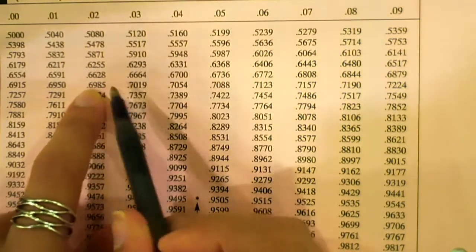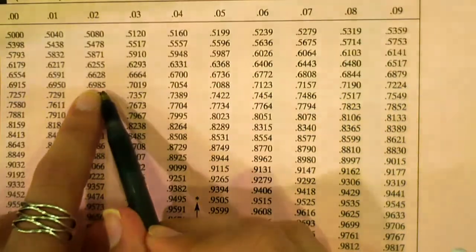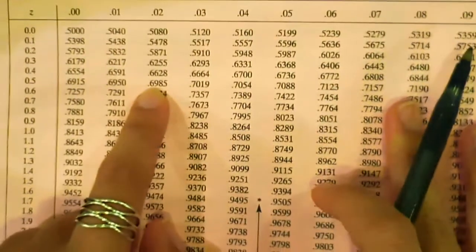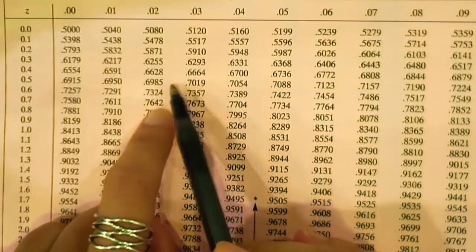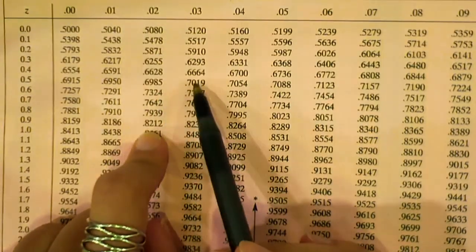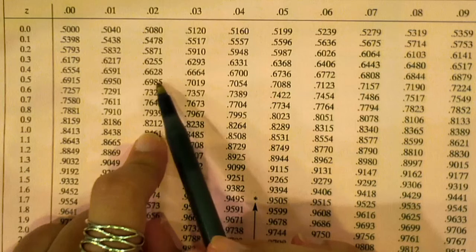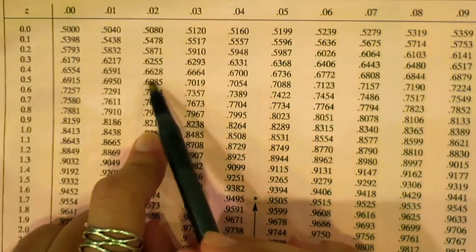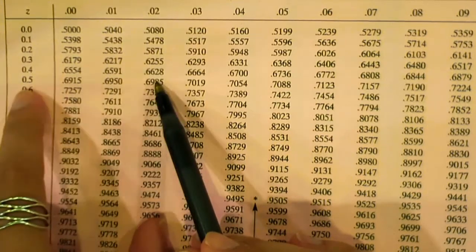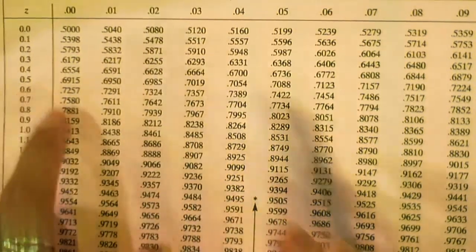So it seems like it would be 0.52. Do you see that? So 0.7 is between these numbers, but it is 15 away from this one versus 19 away from this one, so it would go with this one. So that's 0.52.